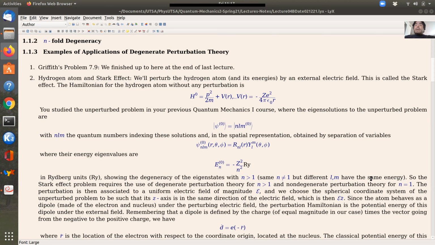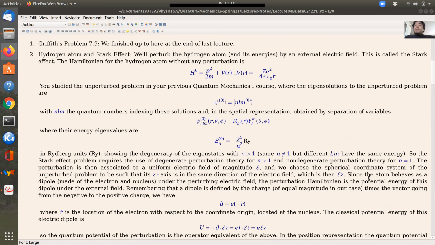And now what we have to do is to explain a little bit more in detail our perturbation, right? So, okay, we said we have an external electric field, which is constant in time. And so we're going to assume that this electric field is uniform of a given magnitude E. And if you think about the solutions for the unperturbed hydrogen atom, you use spherical coordinates given the dependence on the potential in terms of r.